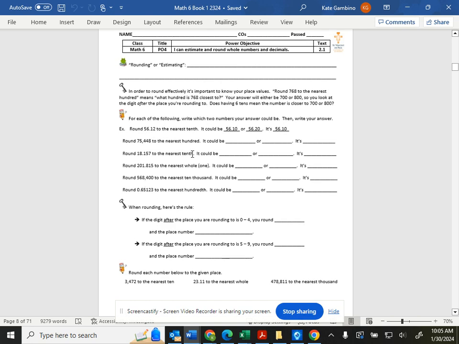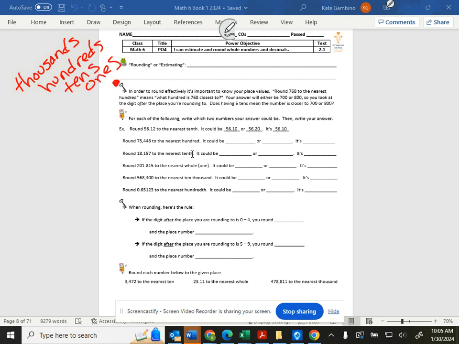Oh, this one, there are a lot of us that had a hard time with rounding. So on your help sheet, you can write thousands. We did this for a lot of us back in the fall when we first did this test. Decimal.